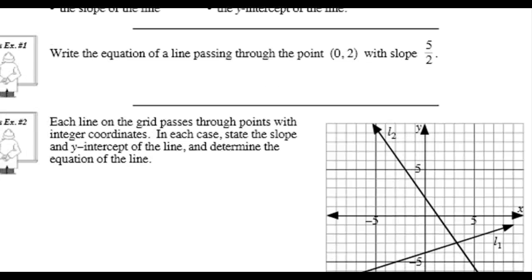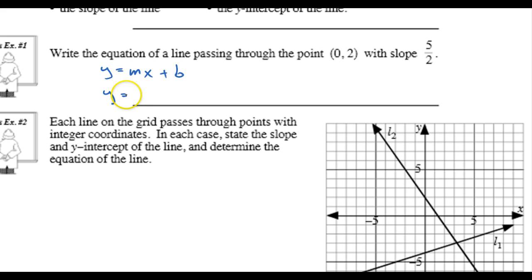Let's look at example number 1. It says, write the equation of a line passing through the point (0, 2) with a slope of 5/2. I'm going to first write the general form, which is y equals mx plus b, and then fill in my m and my b.